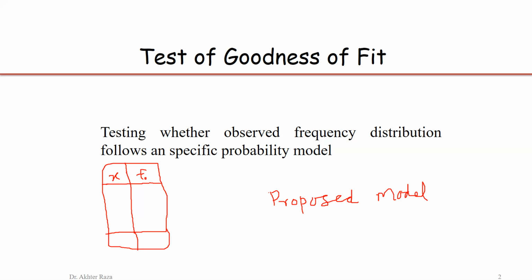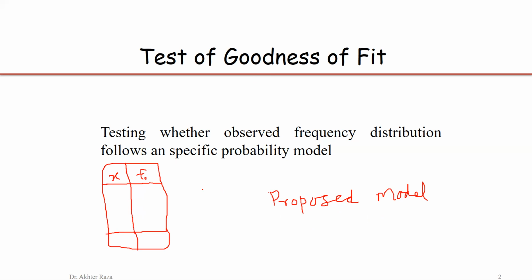We have to first fit the proposed model to the data, and after fitting, we have to check whether this proposed model is suitable for this data or not. This is to be tested by the goodness of fit.